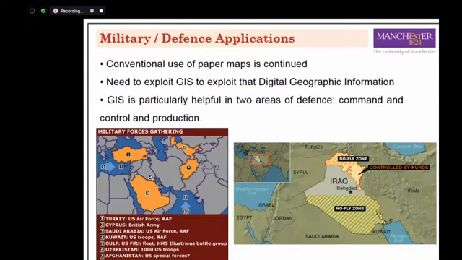Just one day back, I was searching for something in Google: what kind of map has been used by India in Ladakh to monitor the India-China dispute in Ladakh.